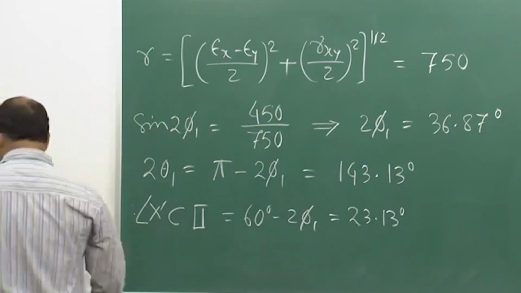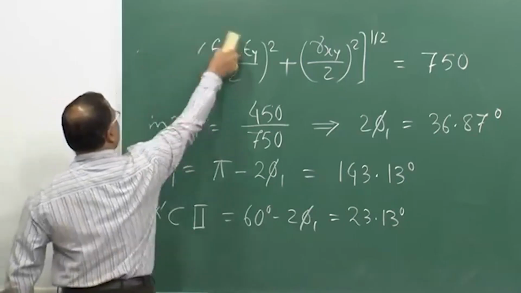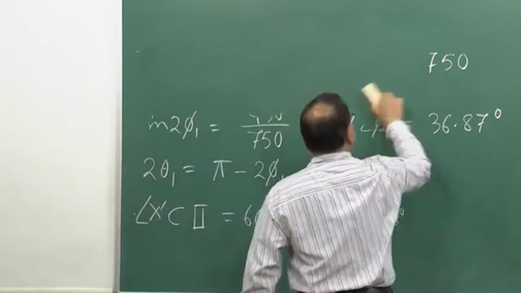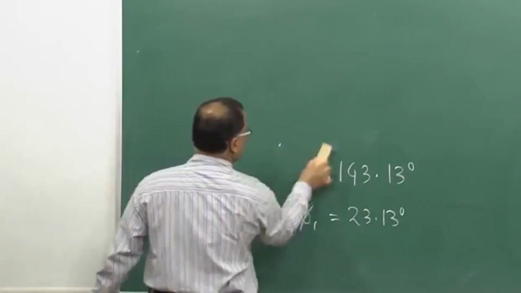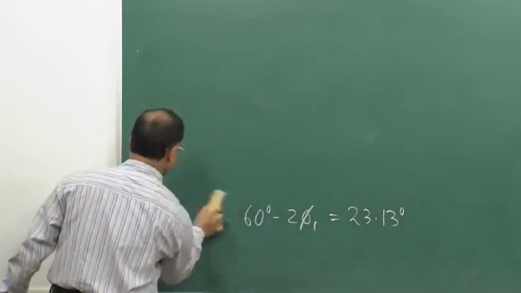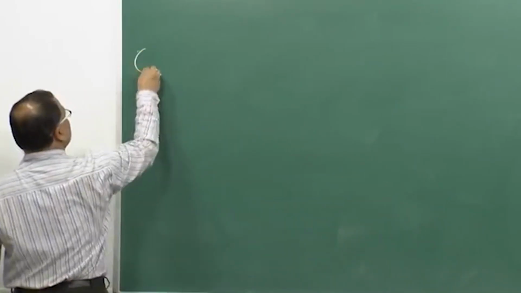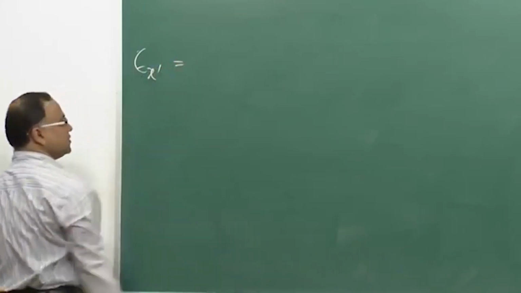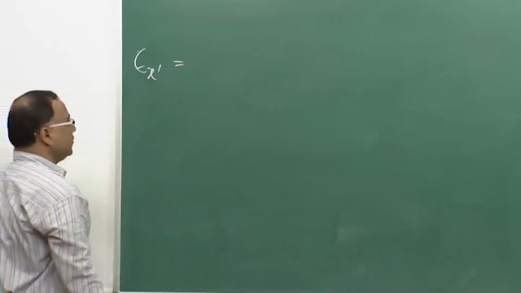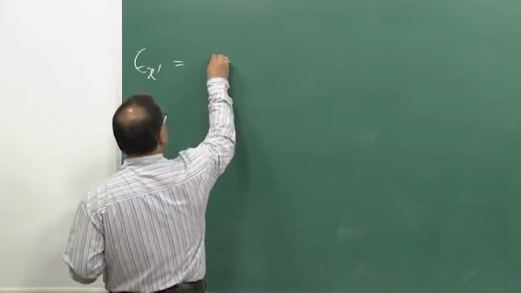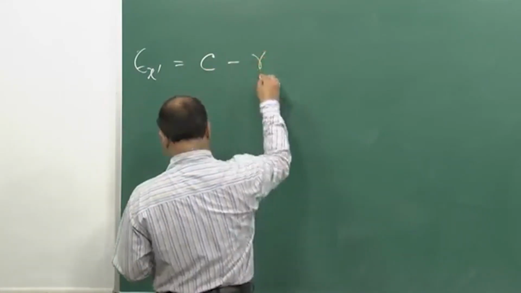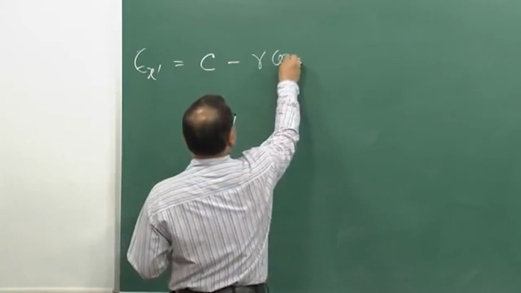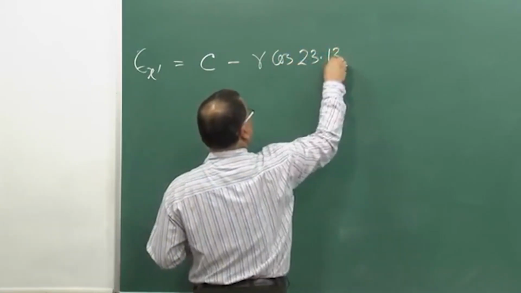Okay. So, therefore, I can find out epsilon x prime, that is the required thing, by following this C minus r cos 23.13 degree.